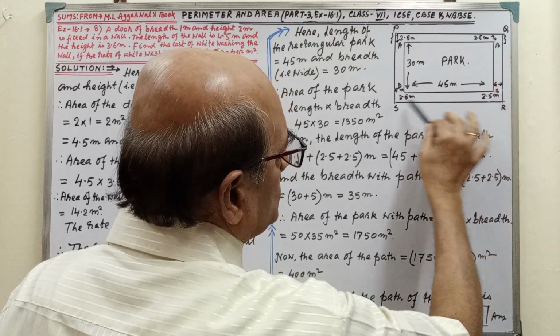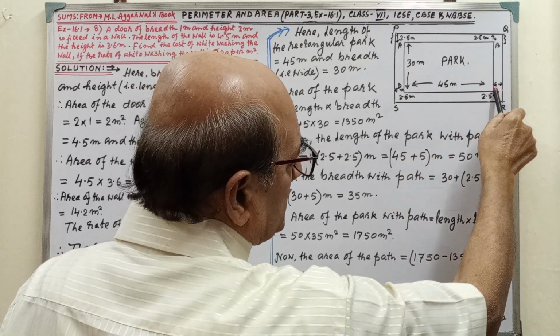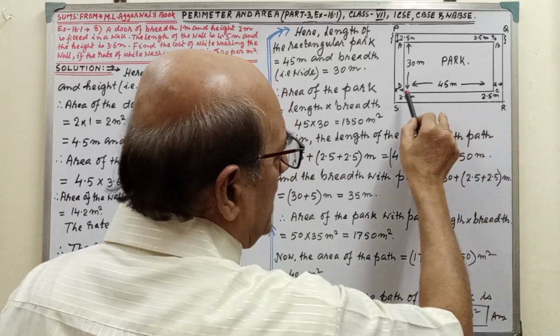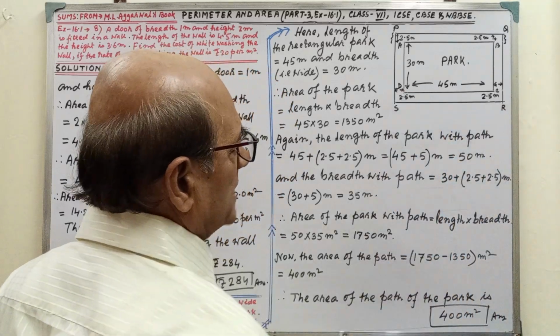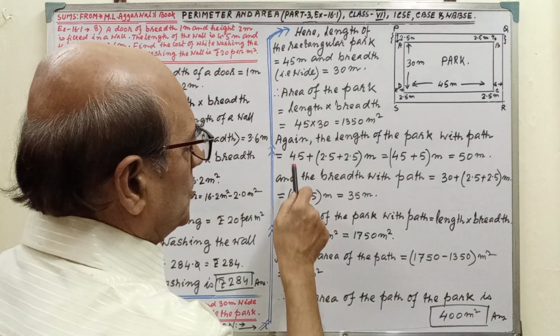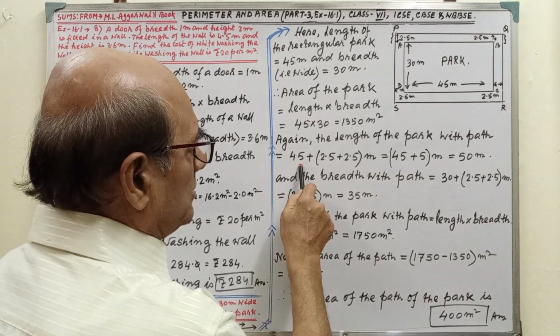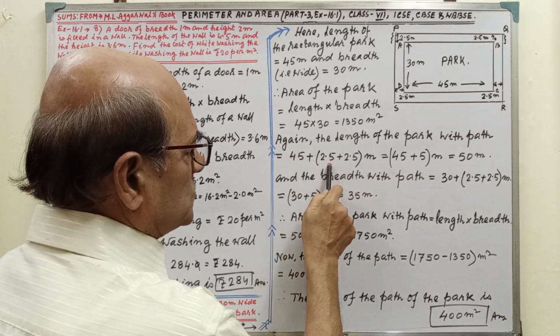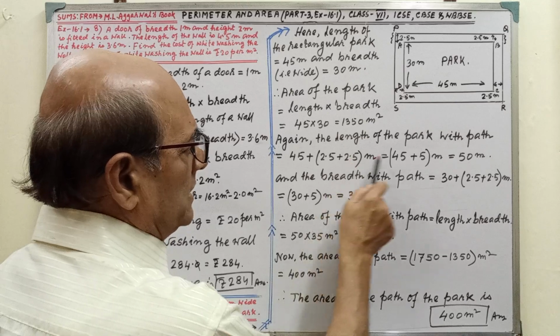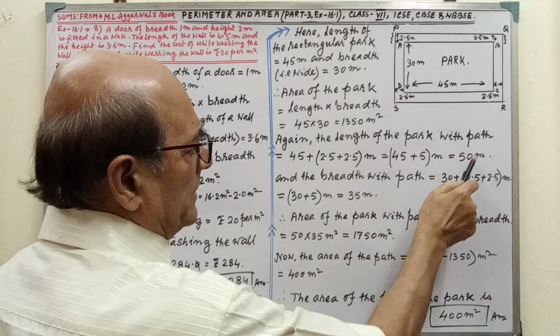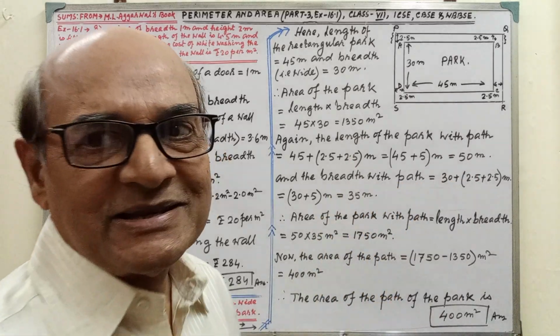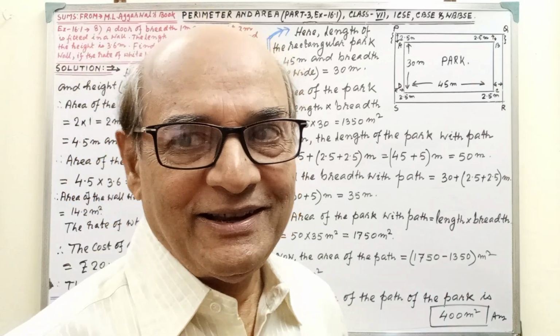With path, 2.5 meter on the right side and 2.5 meter on the left side is added. So with path, length is 45 plus 2.5 plus 2.5, by calculation 50 meter. This part you have to understand clearly.